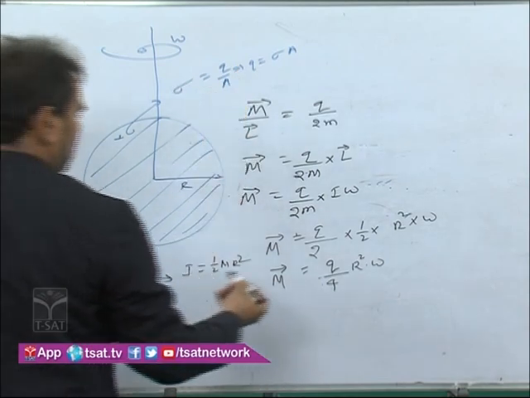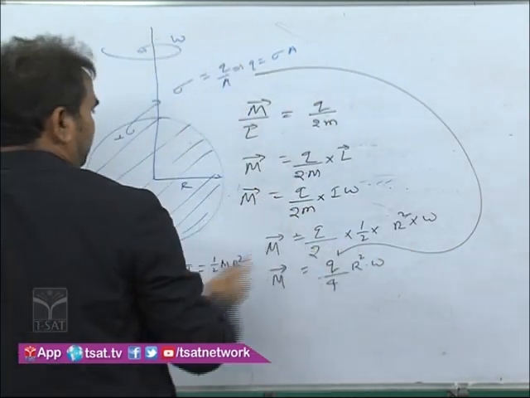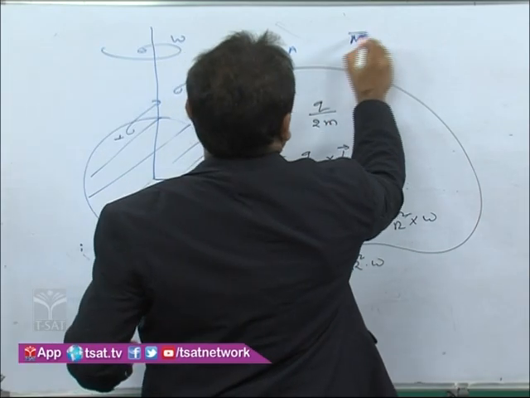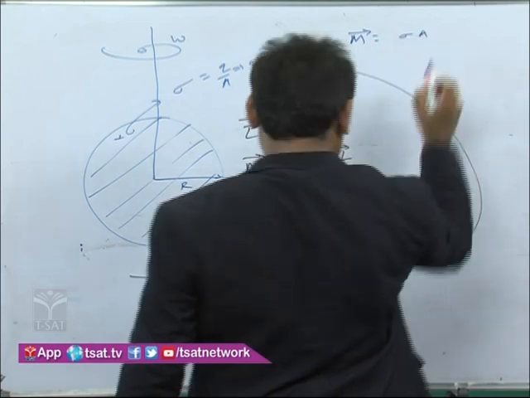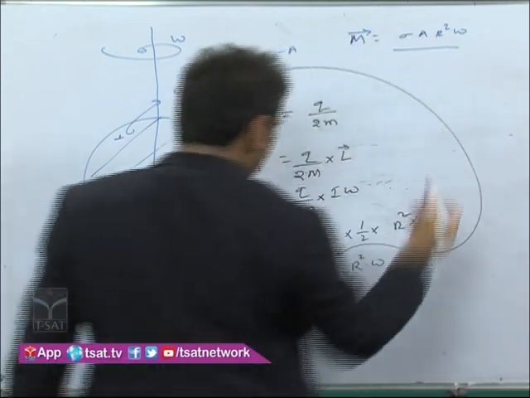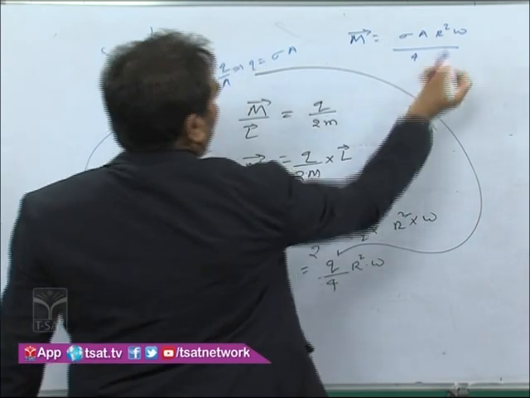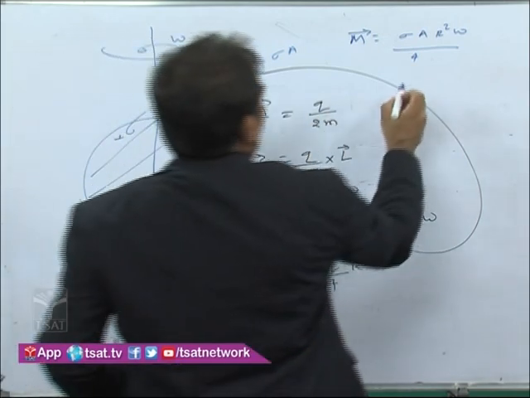But we already know the value of q, so substitute it here. Therefore, the magnetic moment is m bar = sigma A R square omega upon 4, where A is the area of the disc.